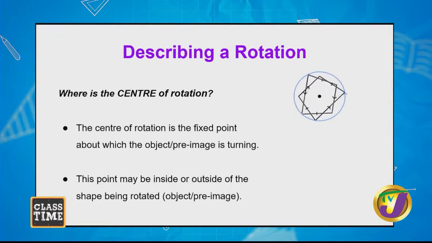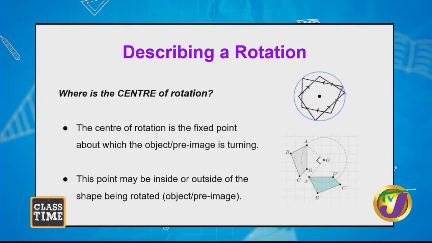We're seeing that the fixed point around which the rotation is taking place is actually inside this trapezium. And by the way, if we were talking about the tile, this is an imaginary fixed point. So we didn't actually see it literally, but we know.